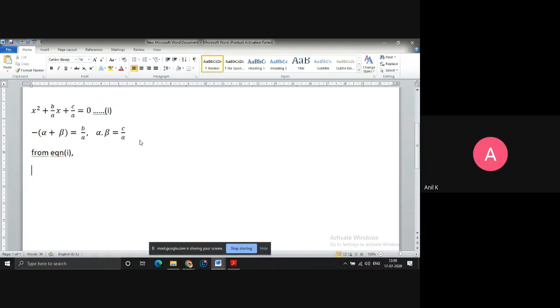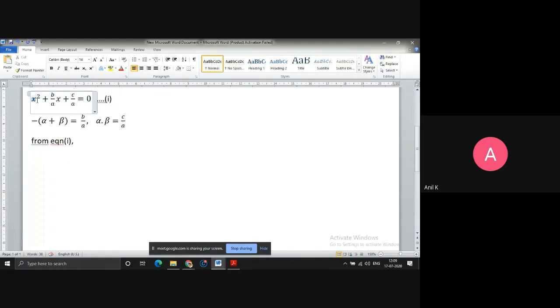From equation 1, if I replace the terms, I'm going to get x square, then b upon a is minus alpha plus beta, so I'll put minus alpha plus beta into x, and in place of c upon a, I can replace alpha into beta.